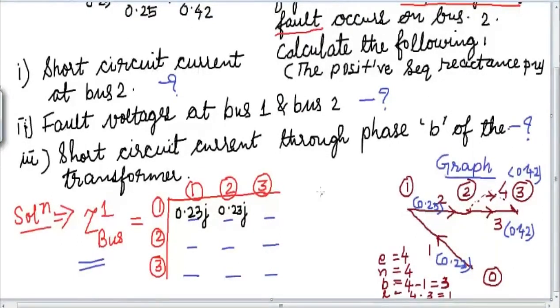So I will write the answers directly here. So the answer is in this way. The first row is 0.23J, 0.23J, again 0.23J.